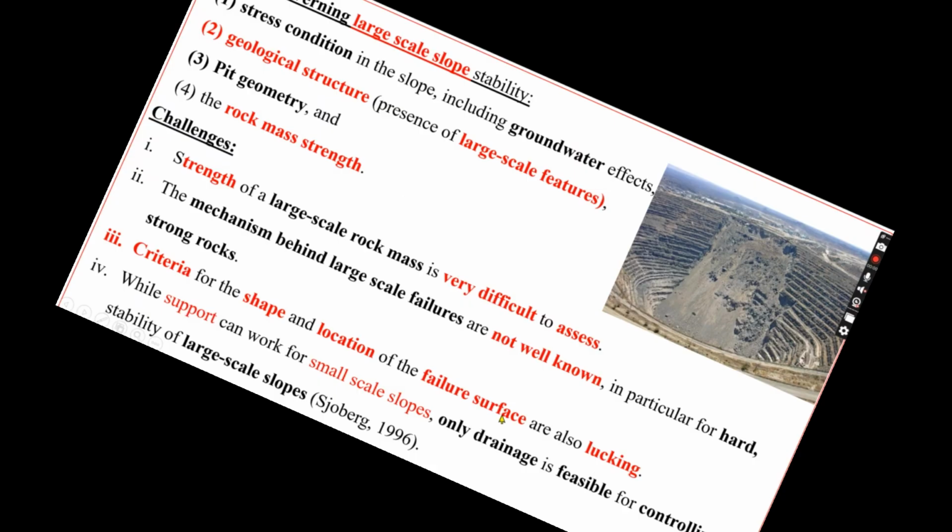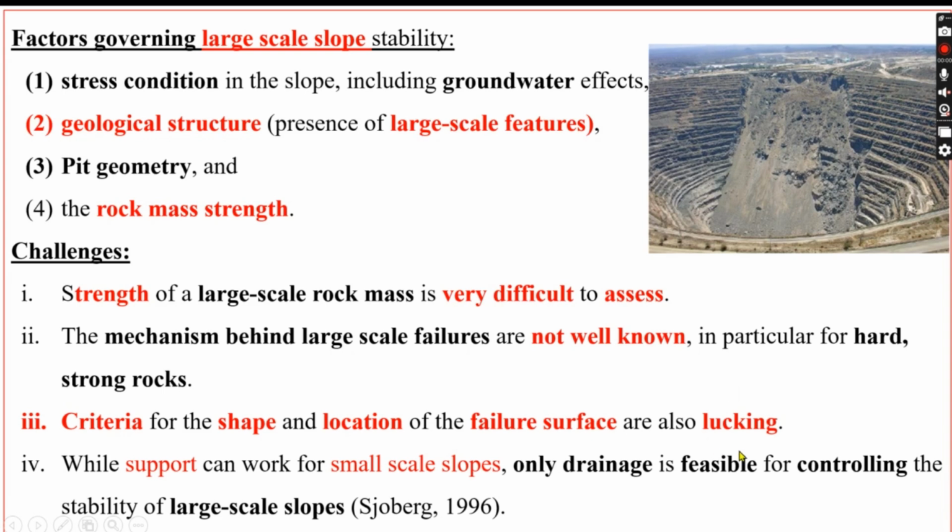The other thing is that most rock mass classification systems provide support and reinforcement measures for the stability of rock slopes. However, support measures are not feasible for large-scale slope stability. Among the remedial measures used for large-scale slopes, only drainage is feasible for controlling stability.